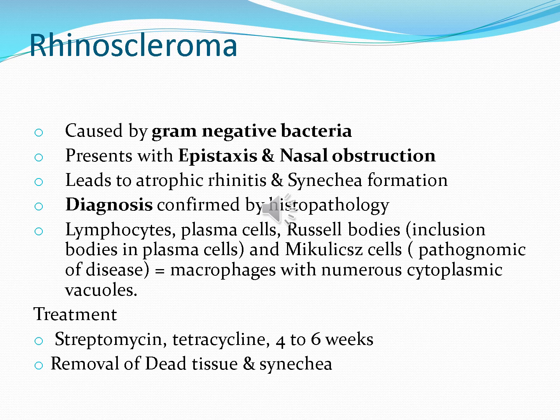So an important topic is rhinoscleroma, which is caused by a gram-negative infection, Klebsiella, leading to a lot of crusting inside the nose and destruction of the mucosa of the nose and paranasal sinuses as well as bone. It can cause atrophic rhinitis later on.